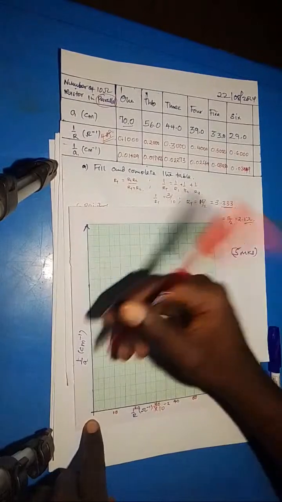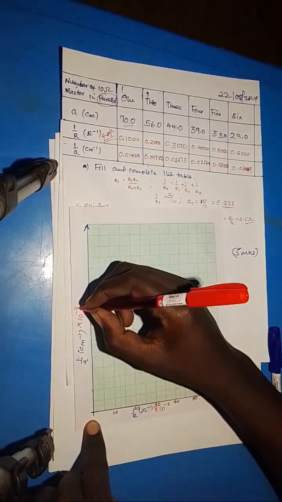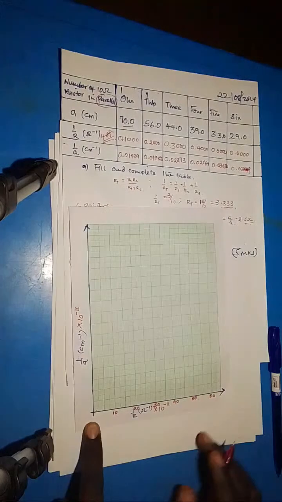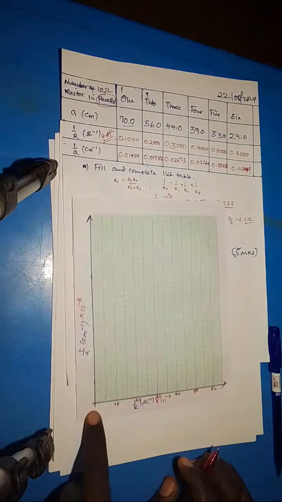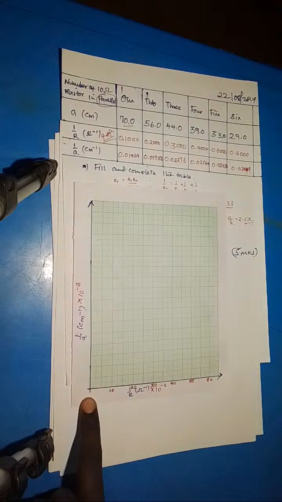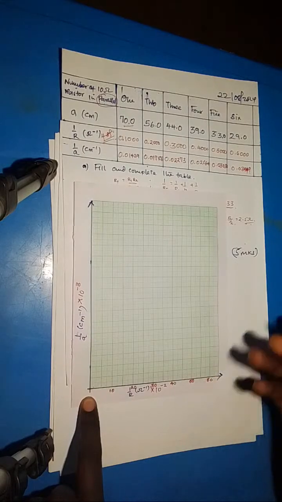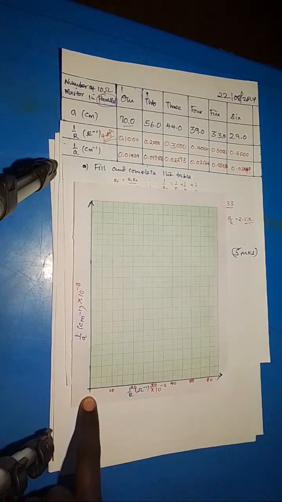Therefore, I move to this side and say everything here is multiplied by 10 raised to power negative 3. And therefore, I start looking which scale will be better.